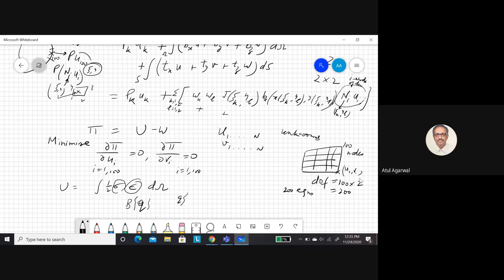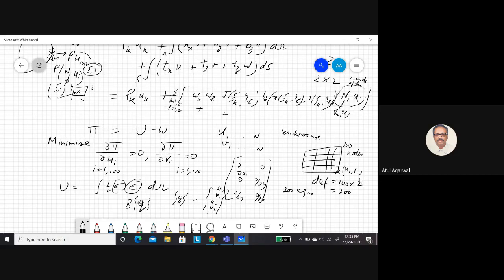Q is what? Displacements of the element: U1, V1, U2, V2, whatever the number of nodes in the element. And B represents del by del x, 0, 0, del by del y, del by del y, del by del x. So such operations are needed. So this gives you strain.